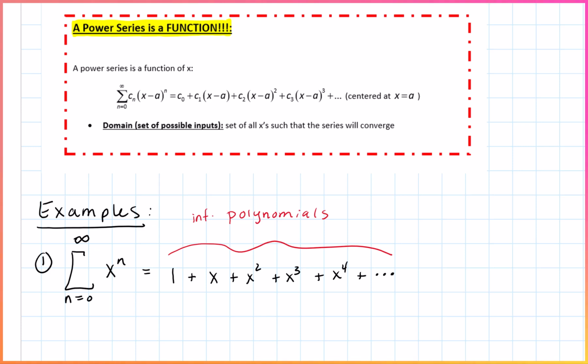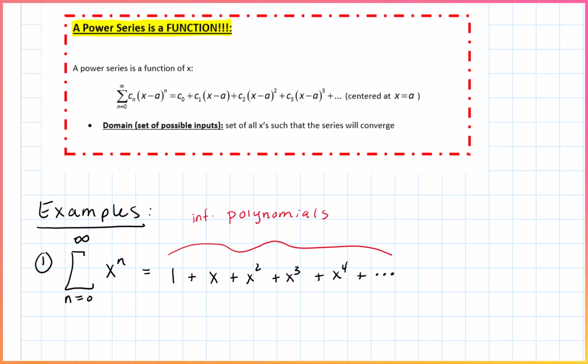And why do we want to think about infinite polynomials? Well, we are going to get to a place where we can connect these to functions that are not polynomials, and we're going to think about how it might be easier to work with a polynomial than a function. And if there are operations we need to do, integration we want to do, applications we want to do on a function that we're not able to do mathematically with the tools we have so far, if we could represent that function as an infinite polynomial, polynomials are really easy to work with mathematically.